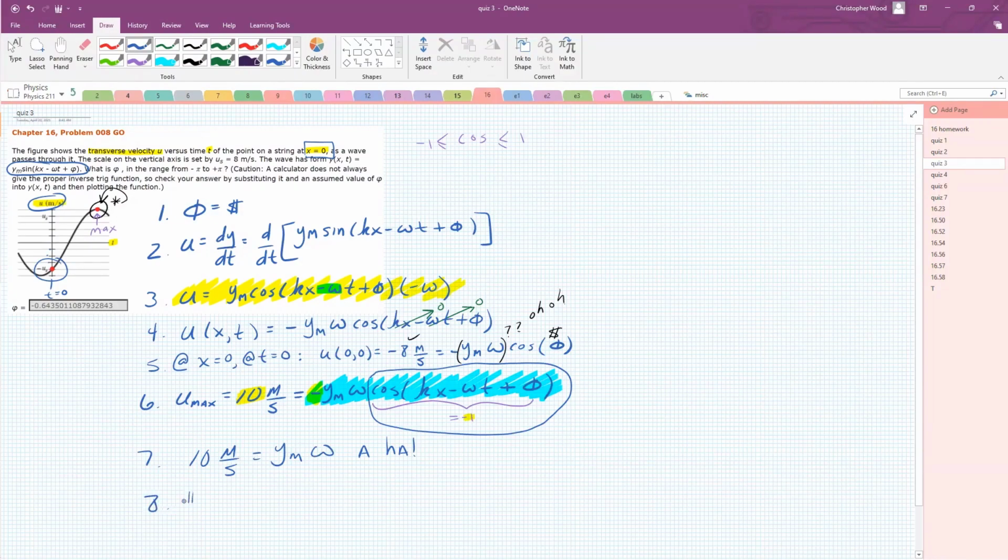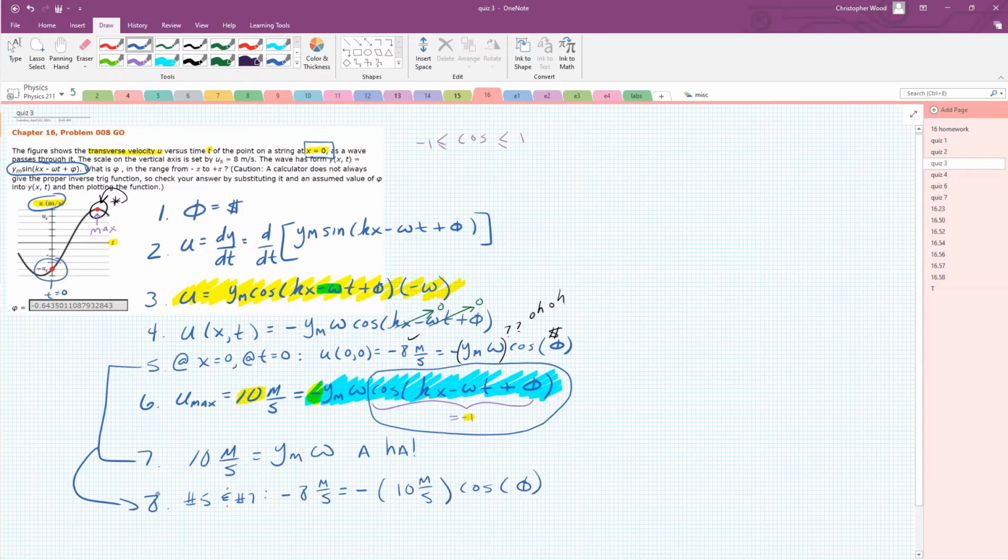All right, so number 8. Let's combine number 5 and number 7. If you look at equation number 5 and number 7, now I have the following. -8 meters per second equals -10 meters per second times cosine of phi.